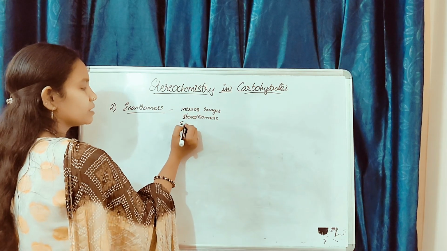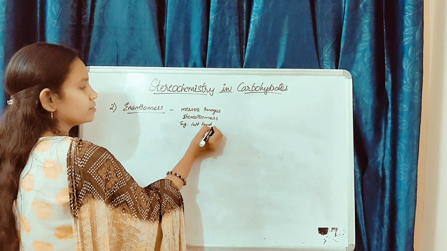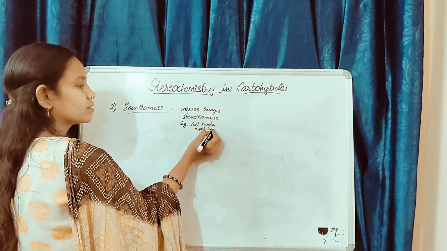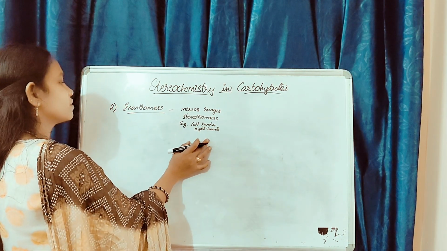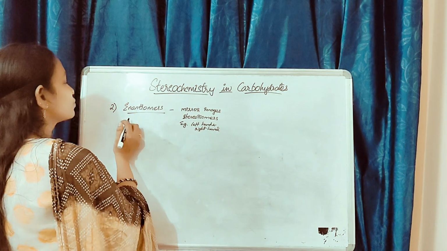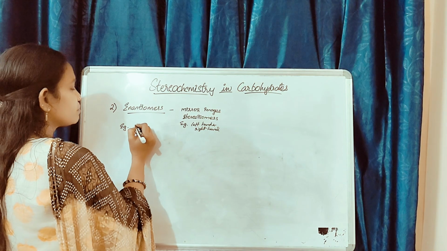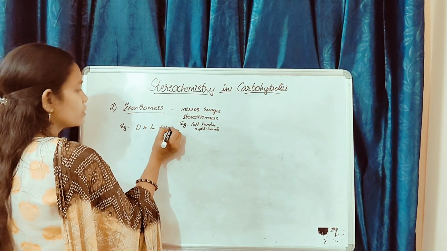Like example, if you take left hand and right hand, left hand will not fit onto the right hand, right? Or left hand glove will not fit onto the right hand, right? So here we are taking in carbohydrates example as D and L forms of glucose.